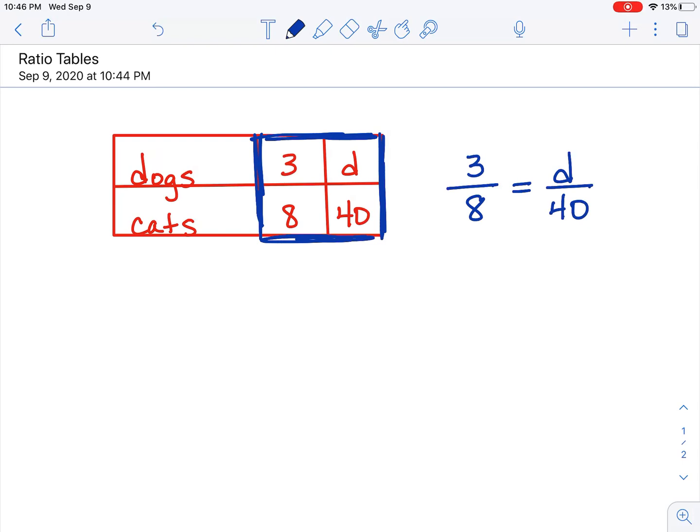And that's exactly the same thing we did on Tuesday. So just because it looks different, do you think you need to do something different? All a ratio table is a proportion inside of a box.